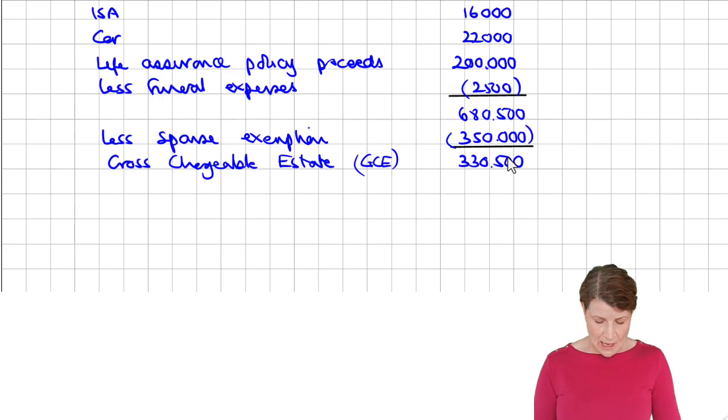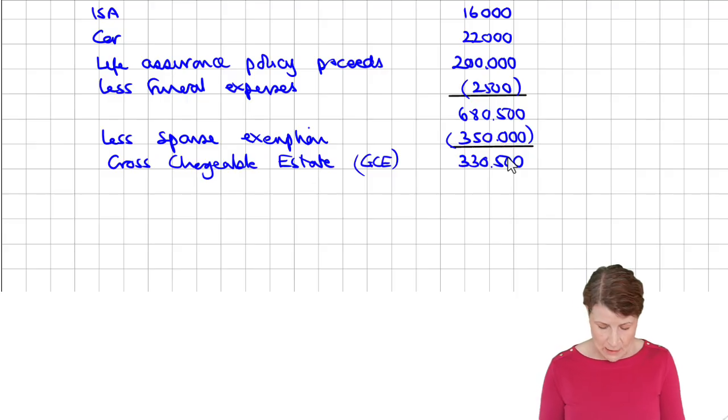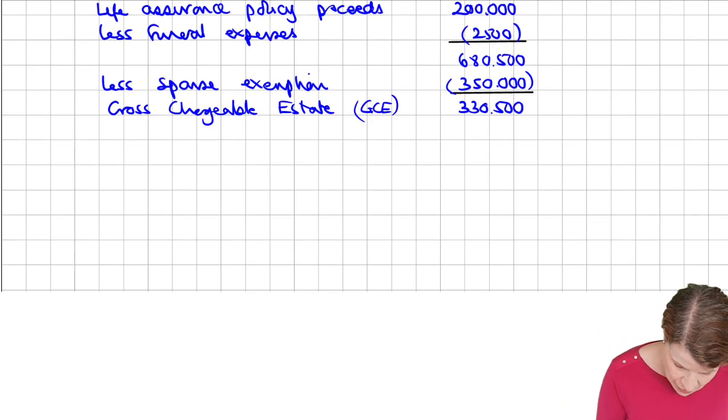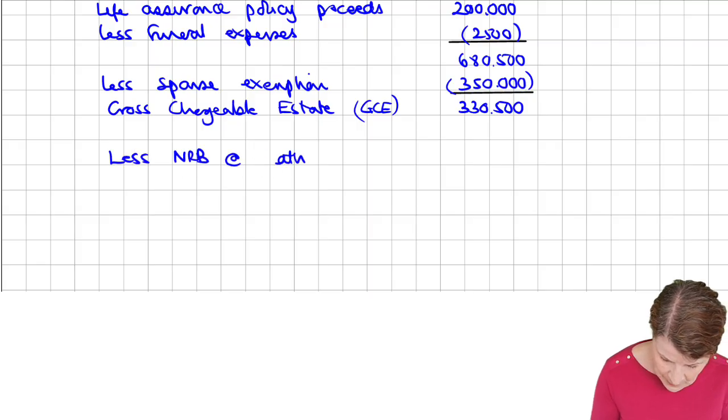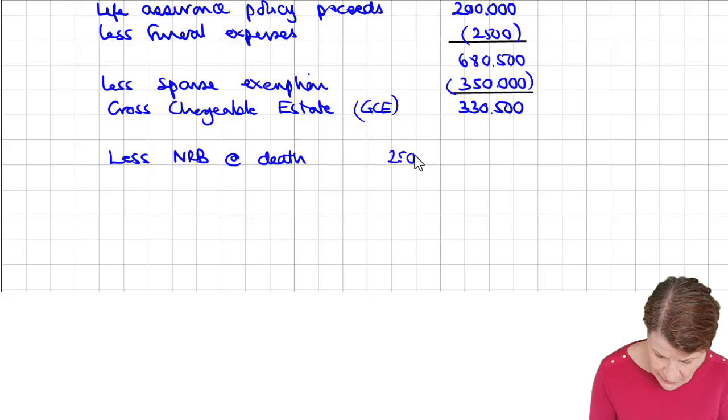So once we get to that point, we think about nil rate bands. The first one that we would think about would be the residence nil rate band. We haven't covered that yet. That's coming up soon, but I can tell you that it doesn't actually apply in this case. So we've just got our normal nil rate band, and we start off with our full 325.